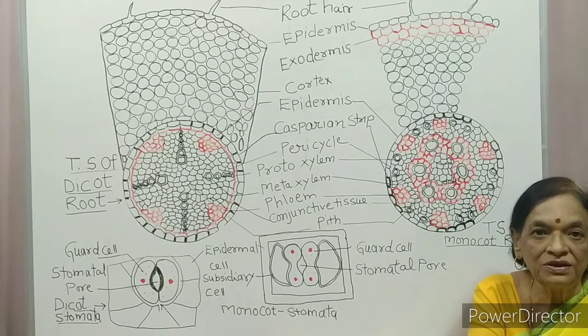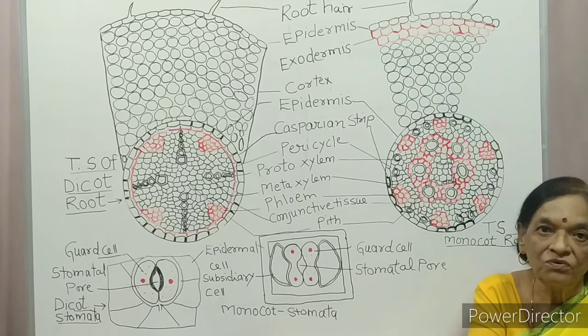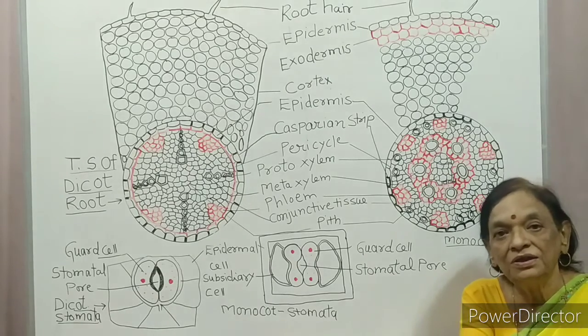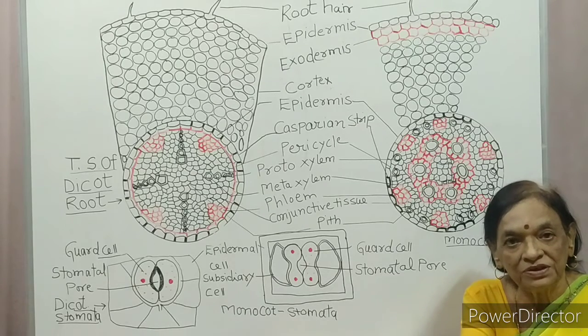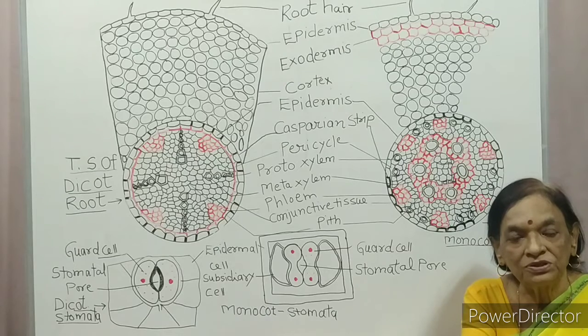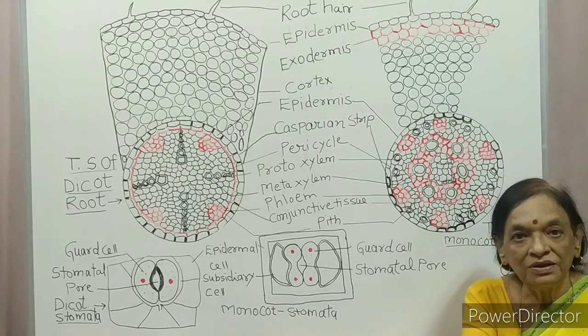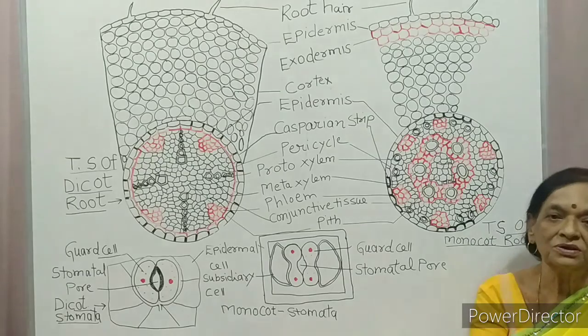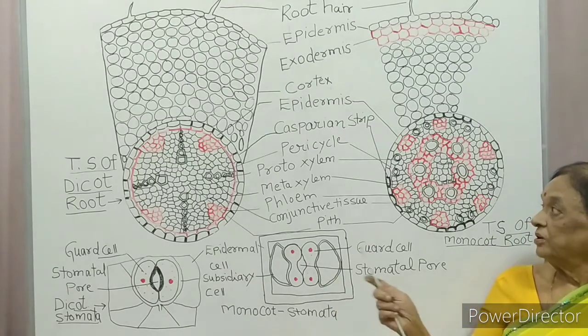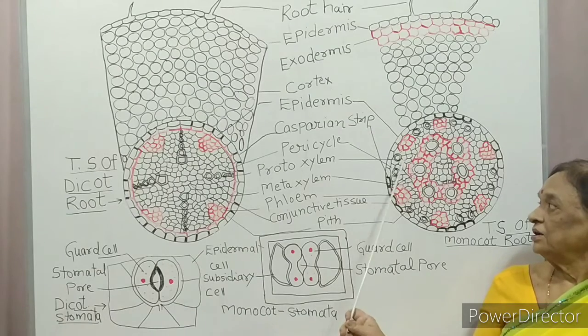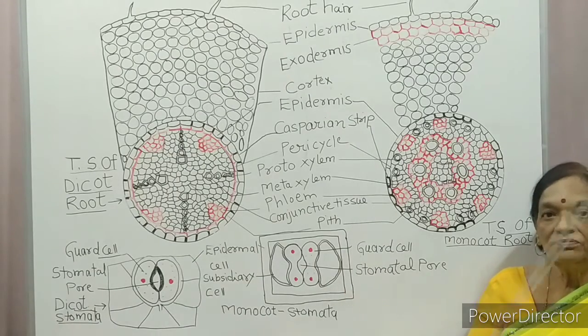So what is radial? When xylem and phloem form alternate bundles, bundle means group, it is called radial vascular bundle. It is a characteristic feature of both monocot and dicot root. So here you can see xylem alternate with phloem. Here also xylem alternate with phloem.